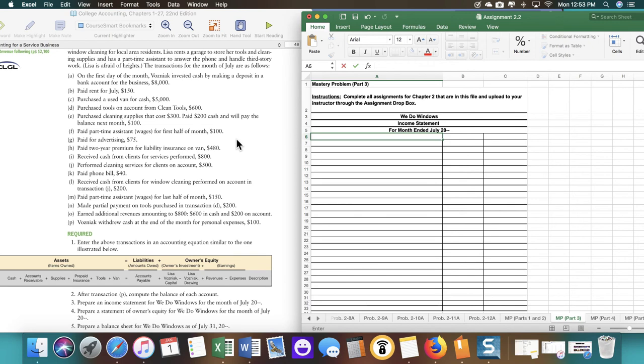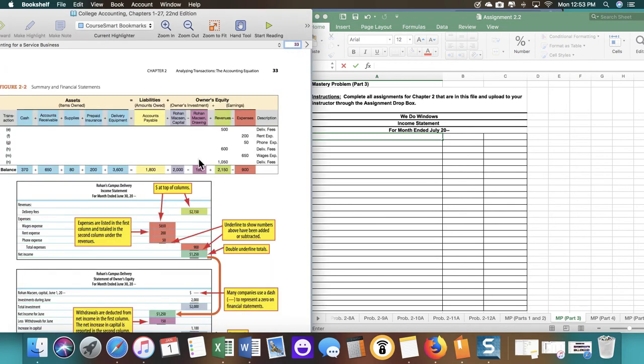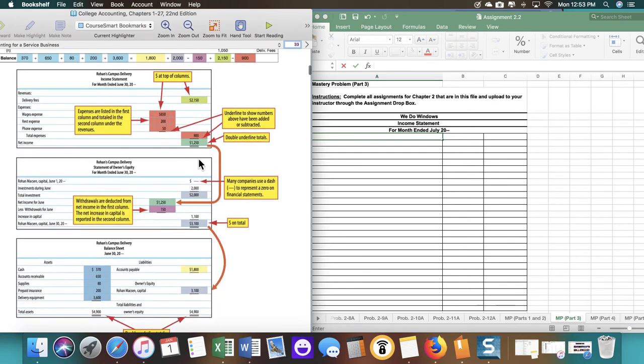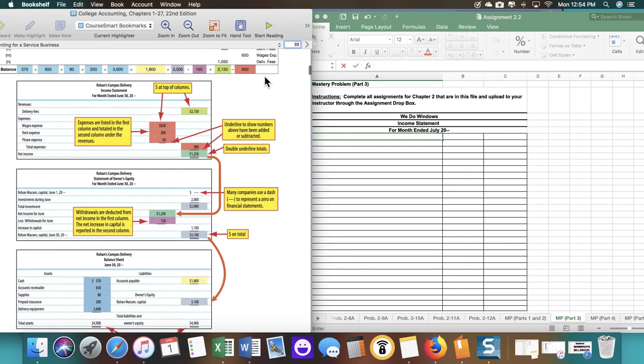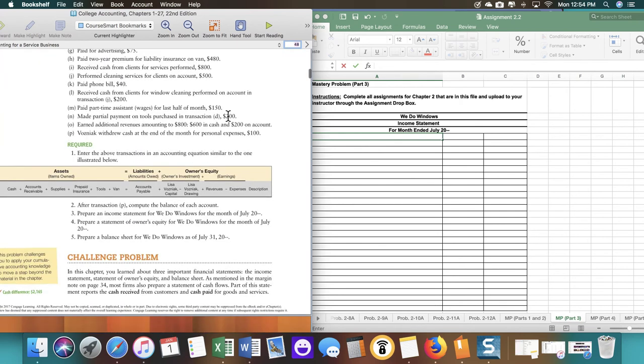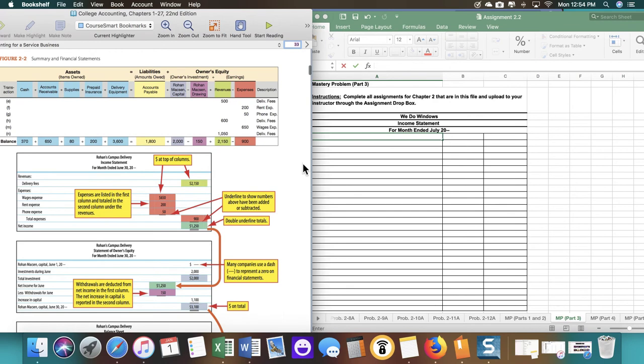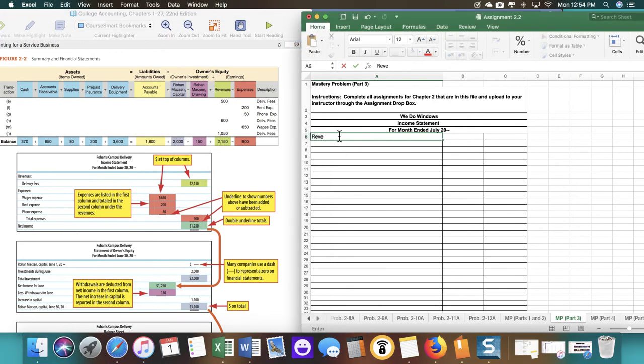And then again, we're going to have the capital. So let's go back to page 33. Make sure we're doing the right thing. They wanted an income statement. So we're going to have our revenue, and then whatever our revenue account is, we can go back and look.